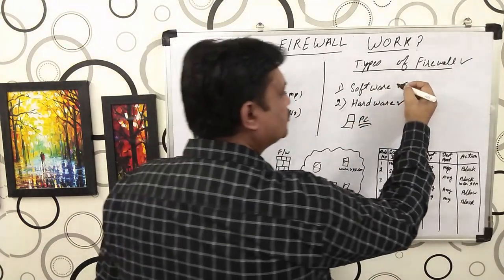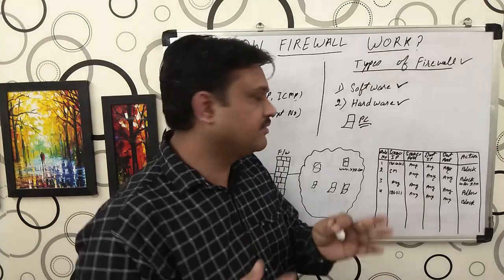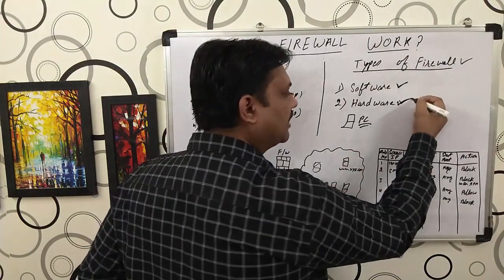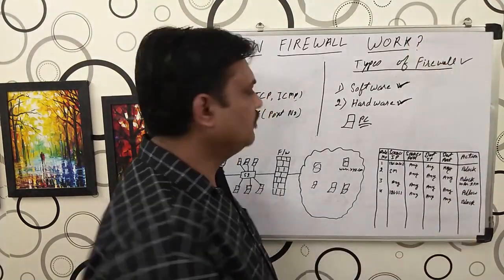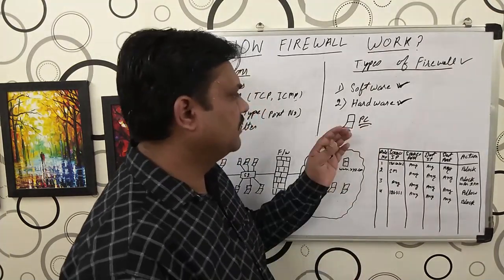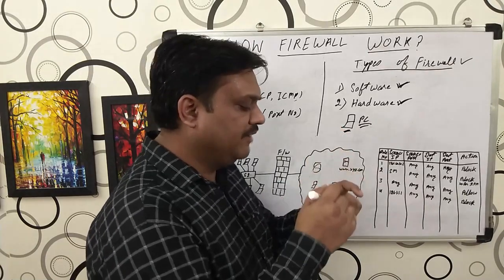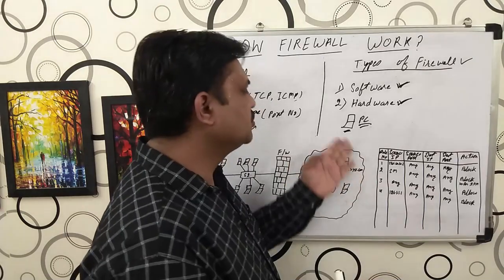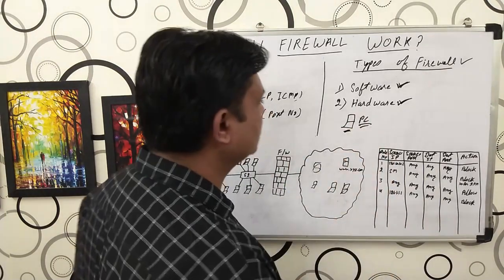The features which are available in the hardware firewall are not available in the software firewall, because it is a pre-installed kind of software firewall system in the PC. So some predefined rules are available, which means you can just enable that to protect your computer from some attacks.